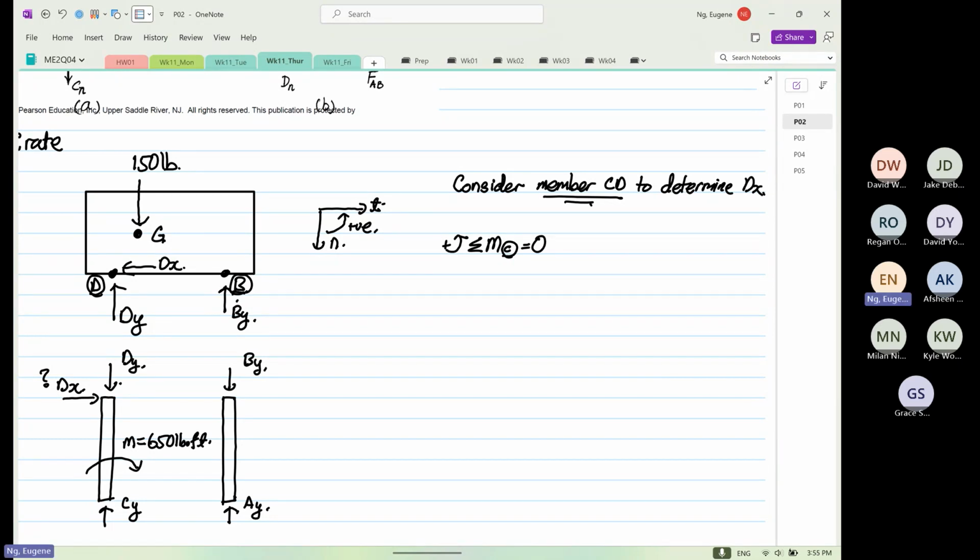Okay, so what we are doing down here is so-called static analysis. At point C, you have minus 650, right? Because going clockwise, then minus Dx, and the length is 4, so 4Dx.